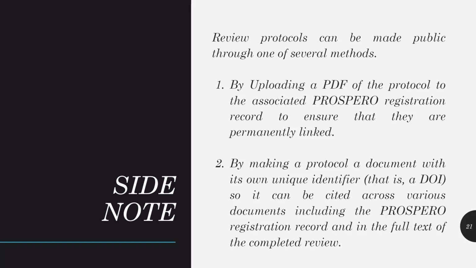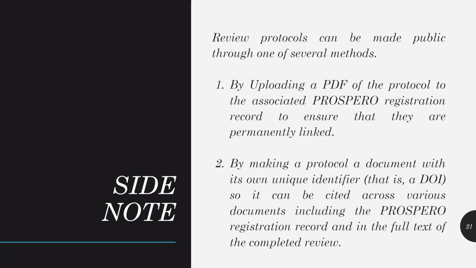And there are several ways to make your review protocol a document with its own DOI. One of the methods is by publishing in a journal that is open access, or a journal that provides free access to such content. Examples of those journals are Systematic Reviews and BMJ Open, or you might want to publish in a journal using the Registered Reports publishing framework. So that way it can benefit from some feedback before you publish it.